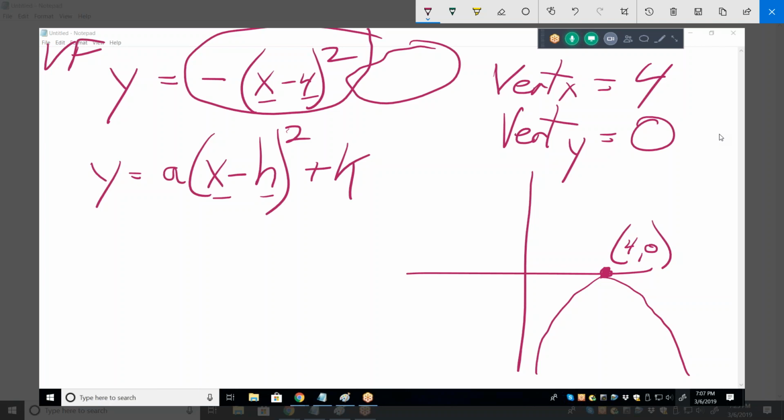Right. In this particular case, the easiest, in other words, I don't have 2 x-intercepts. I can see by my graph that I got 1 x-intercept only.